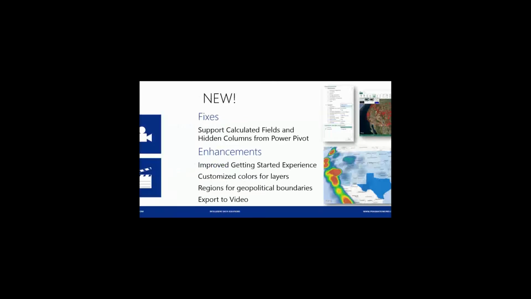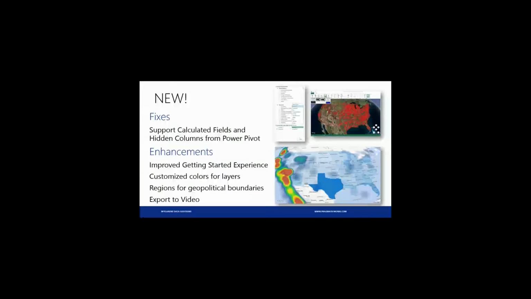So I mentioned I'm going to show you some of the new things with PowerMap today that have been updated just within the last month. A couple of those new things, I just wanted to highlight here on a slide: there were some quirky bugs with the original releases of PowerMap, the original previews, in that if you had data inside Power Pivot, you could not show it on PowerMap if it was a hidden column or a calculated field. Well, if that confused you, don't worry about it. That's not a requirement anymore.